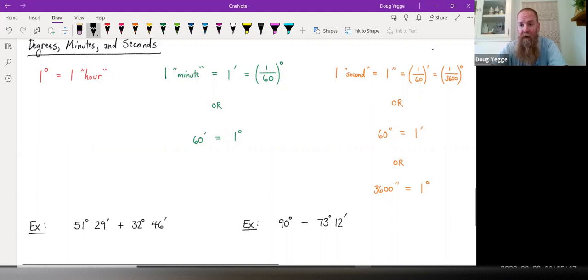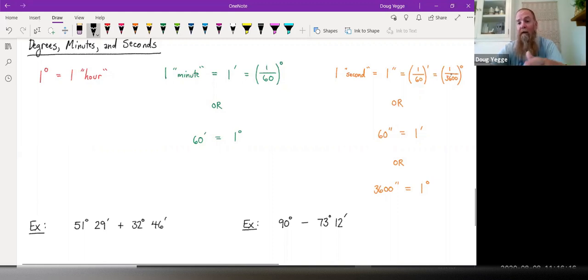Now, if we take a look over here, we could see that we could break up a minute into different seconds. So when we refer to a second, which we use with 2 little apostrophes here, then 1 second is going to be 1/60th of a minute, which makes sense, because if we were to think of it in terms of time, then 60 seconds would equal 1 minute.